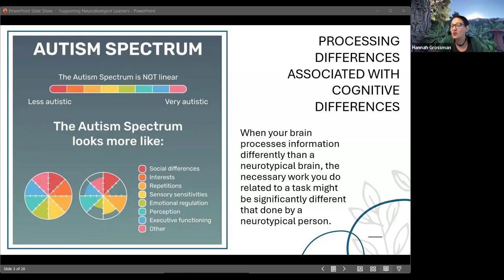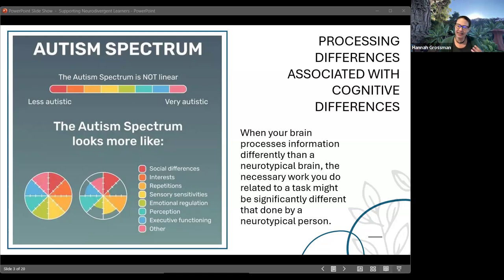You can have sensory sensitivities. You may have differences in emotional regulation. You might have differences in perception. You might have differences in the way you executively function and move attention between different things. And there are other differences as well.